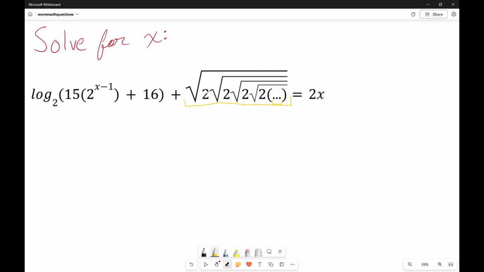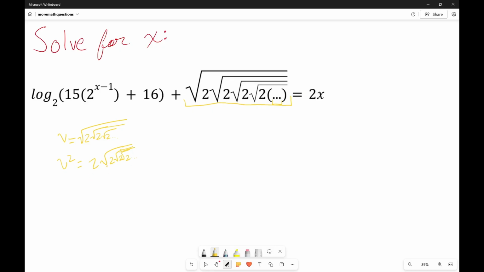So let's say that this entire expression is equal to some value v, which is root 2 on and on and on again. All right, so then let's take the square of v. If we square v, we will get 2 root 2 root 2 root 2 on and on and on nonstop.